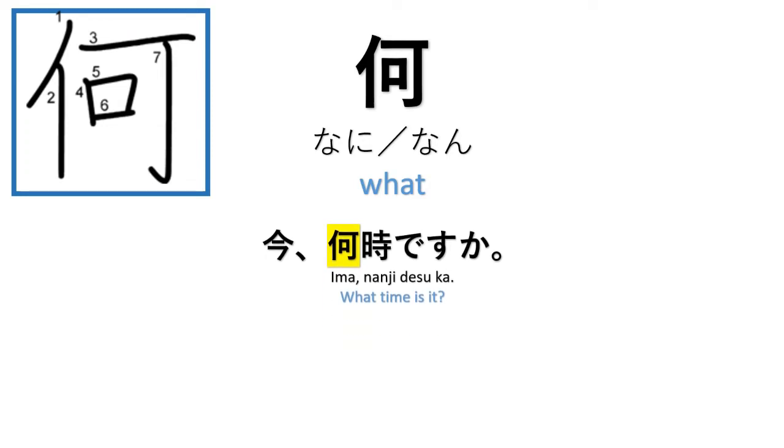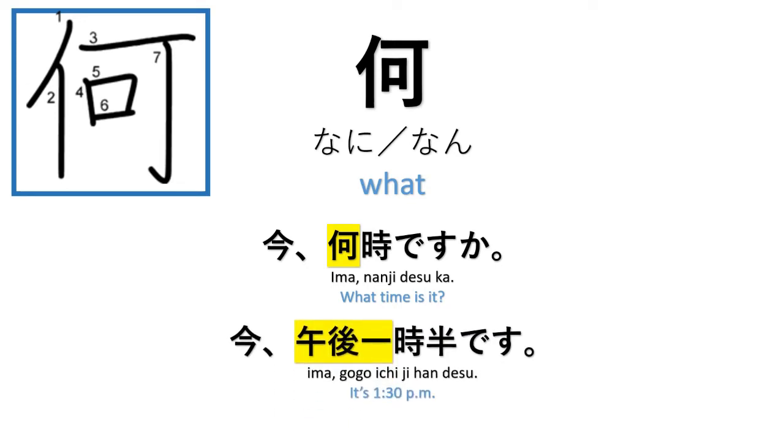Ima nanji desu ka? What time is it? Ima gogo 1時半です. In place of nani or nan, we replace it with the hour. So gogo 1時. We add han after ji to say that it is 1:30. So 1時半. Gogo 1時半.